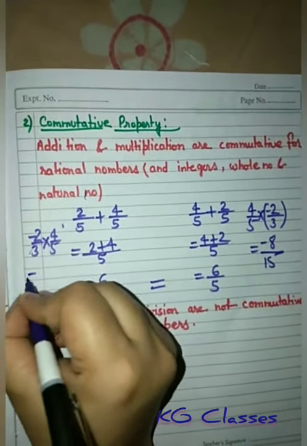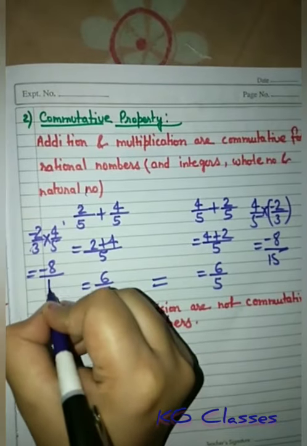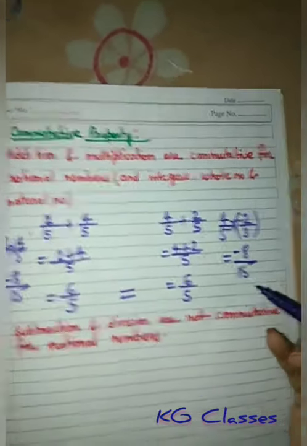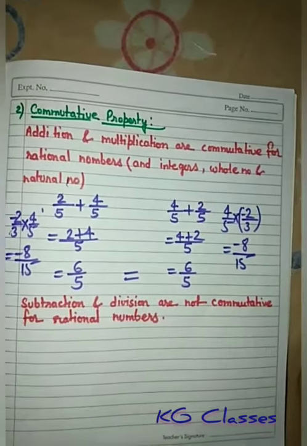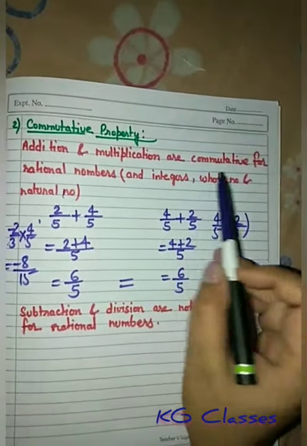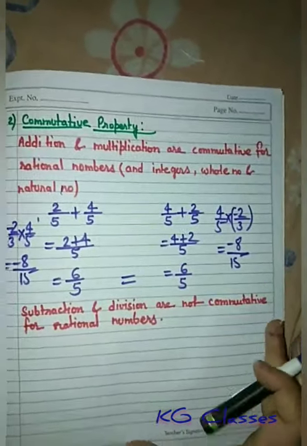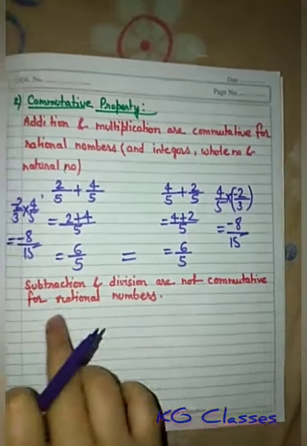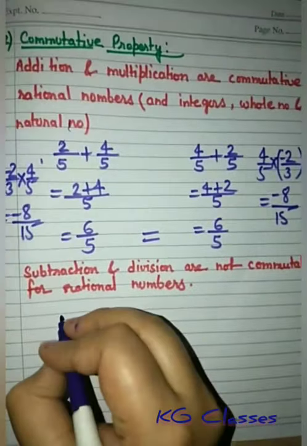Let's see. We will get minus 8/15, and here is also same. So addition and multiplication are commutative for rational numbers. It is proved here.